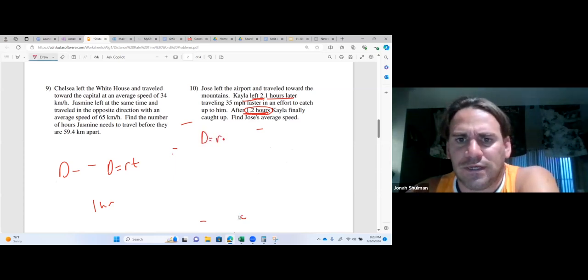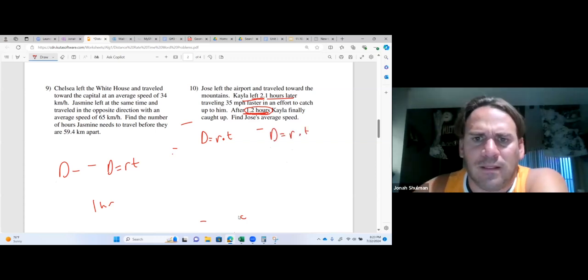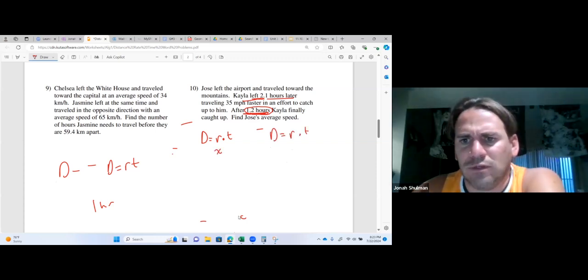Distance equals rate times time. We know this is x, and we know this is 35 plus x. And we know that this started after 1.2 hours, they're equal.